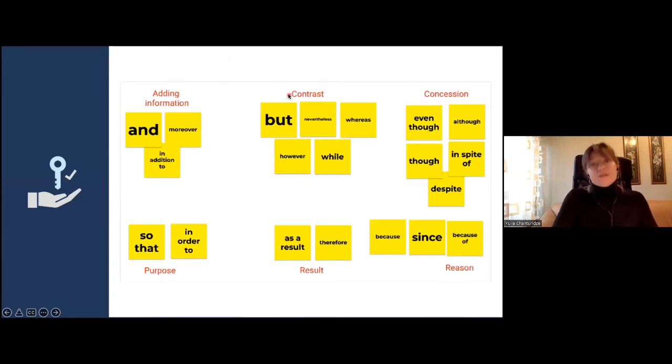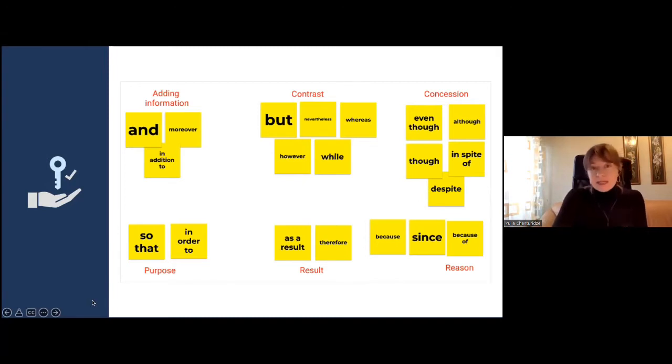Therefore, some words from the section contrast, like for example, but, can be used to express concession, but mostly in oral speech or informal writing. When we write academic texts, we should keep this in mind: contrast is about one aspect of two different things. Concession is about two different aspects that we contrast. So this is the distribution.